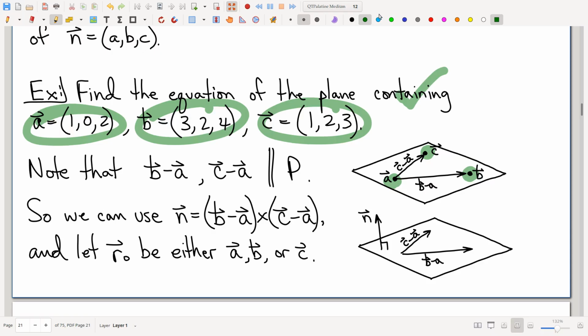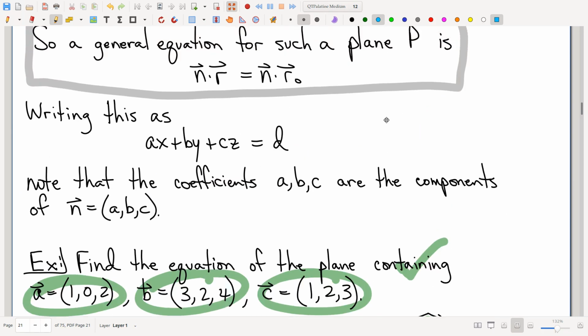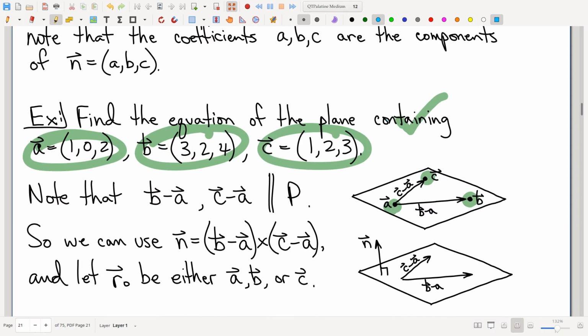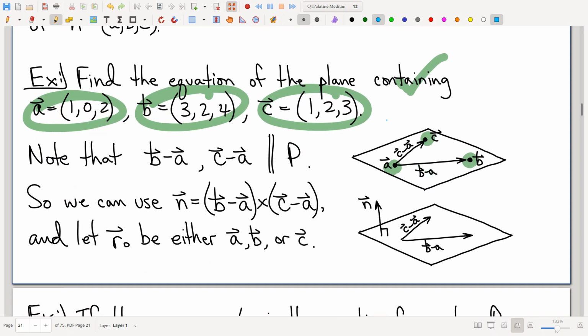We recall the equation requires having a normal vector and a point in the plane. We already have a point in the plane. We have 3 of them. We are flush in points in the plane. But we need a normal vector. So I have what's in green. I want what's in blue. The puzzle begins. How do I get from these 3 points to this blue vector perpendicular to the plane?